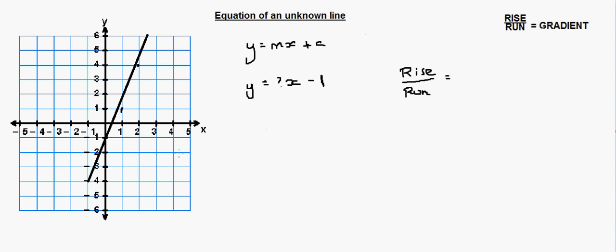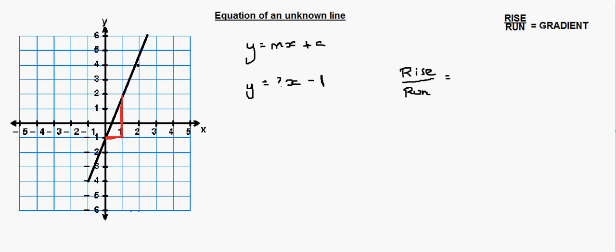So what I do is I come out from where I cut the y-axis here, and I come out 1 square. You could come out 2 or 3, it will still give you the same result, but I find if you come out 1 it's a lot simpler. And then I go up until I hit the line that I've drawn.